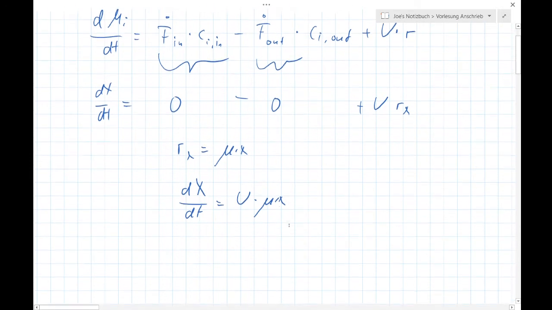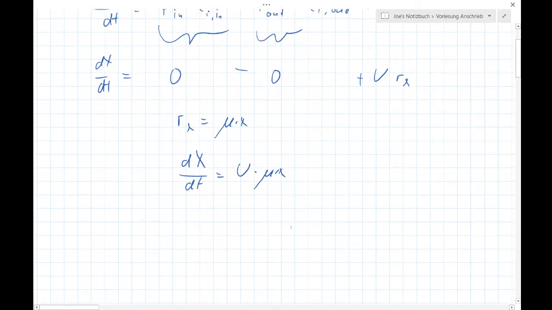And now let's get rid of this volume. For V equal to constant, which is of course the case in our batch culture, we can write V dx, the small x as the biomass concentration, dt is equal to V, volume, times mu x, and then we can simply kick out the volume.